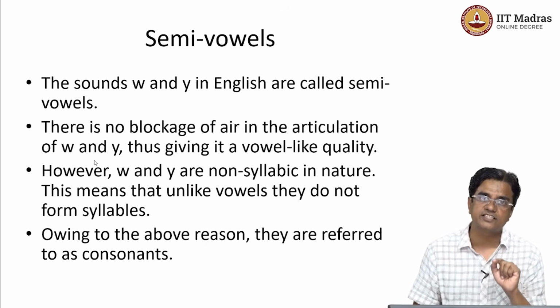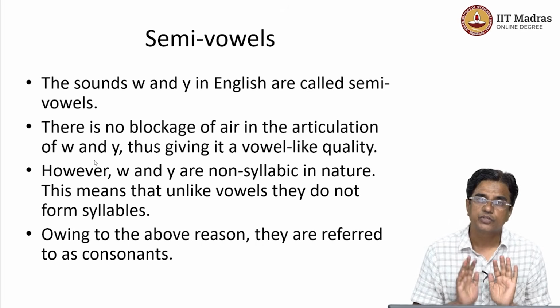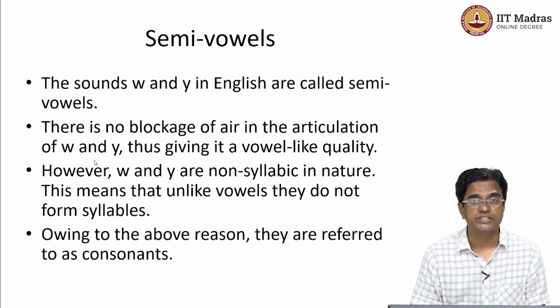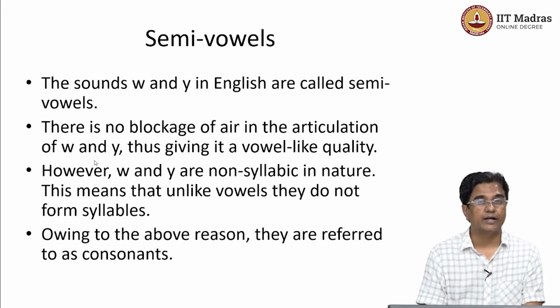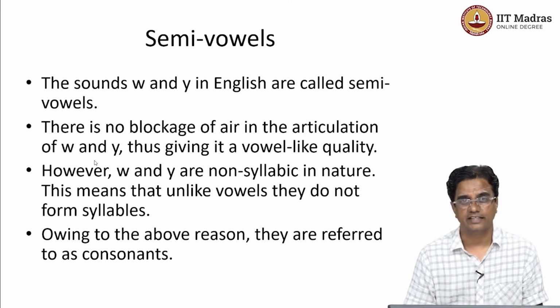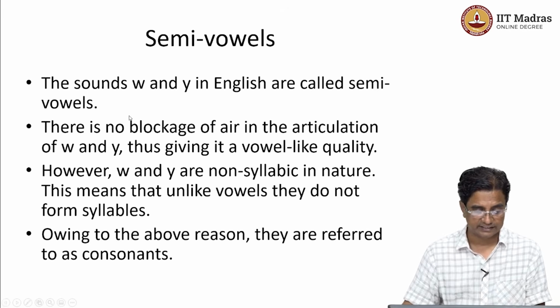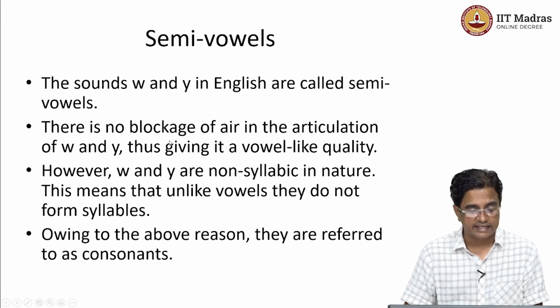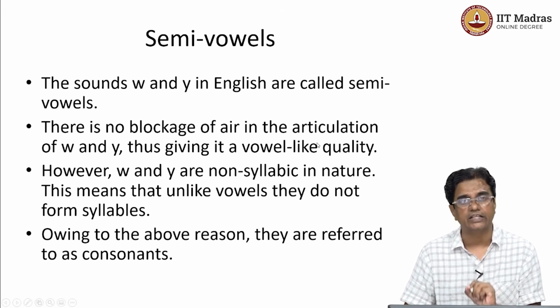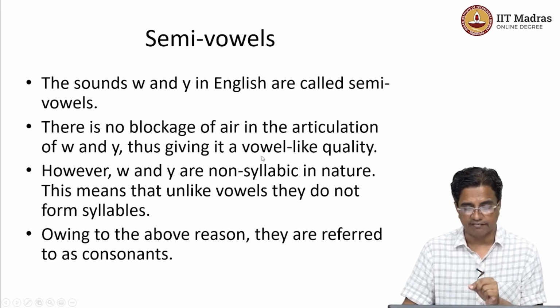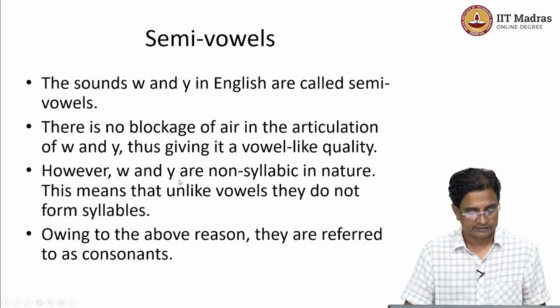This obstruction is important for consonant sounds. For a semi-vowel, which is known as a consonant, there is no obstruction. They are produced like vowels, that is, with no or very little obstruction. This is what we mean when we say there is no blockage of air in the articulation of wa and ya, thus giving a vowel-like quality.